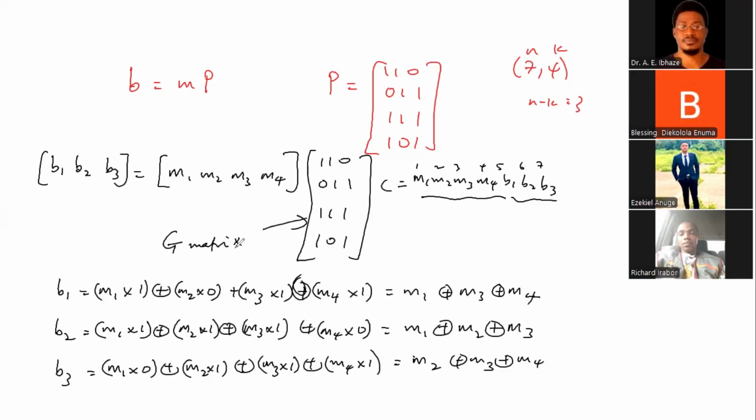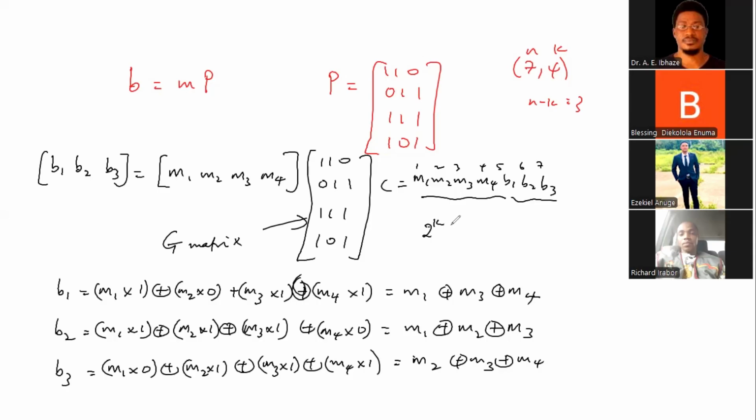Okay? So the next thing is, how do we develop these code words? We have K to be 4, okay? And from our digital electronics, if the number of data bits is K, how many possible distinct combinations can we have?